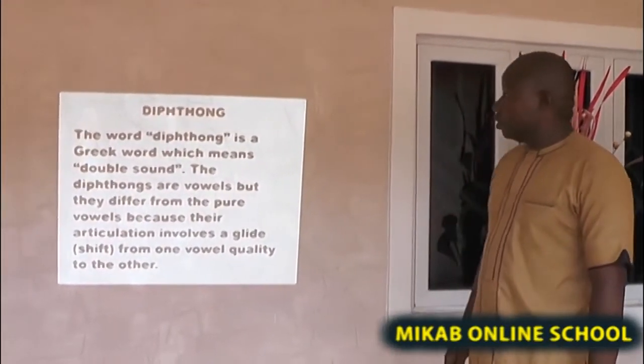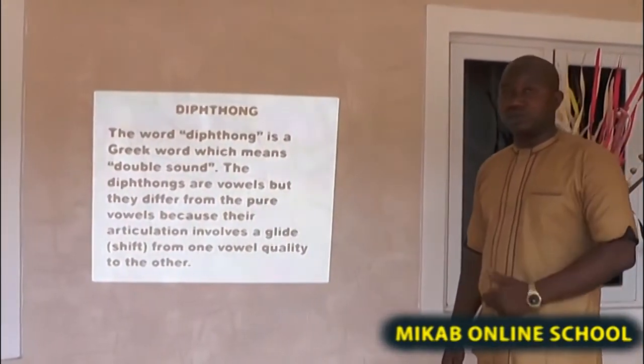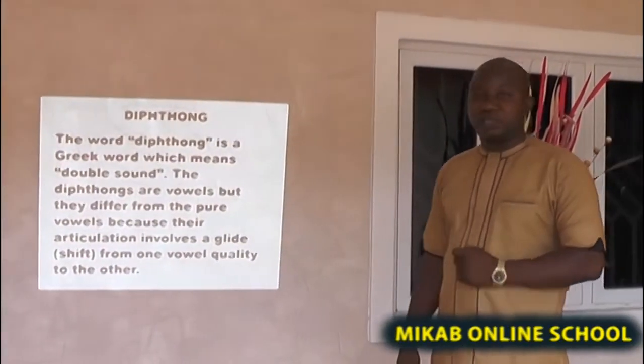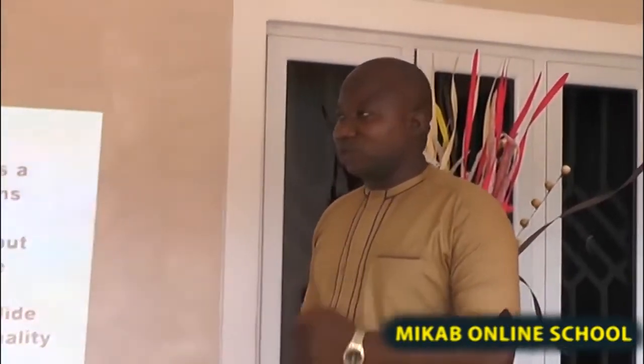Last lesson, we discussed monotone. For instance, we talked about one sound and we talked about another. You discover that if you bring the two sounds together, now it becomes a combined sound. That is diphthong. You are moving from the quality of one to the quality of the other.